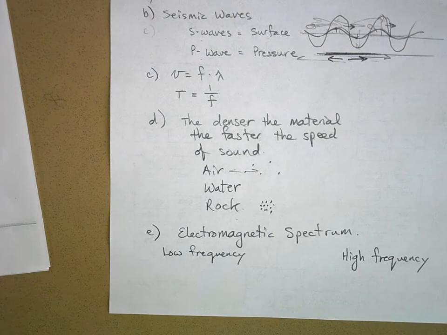Now, light: visible light, or radio waves, or X-rays, or ultraviolet light, or infrared, it's all the same stuff. It's all energy contained in the wiggling of electric and magnetic fields.